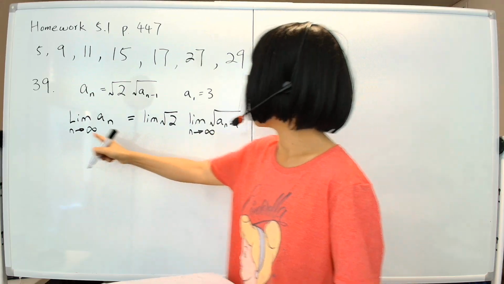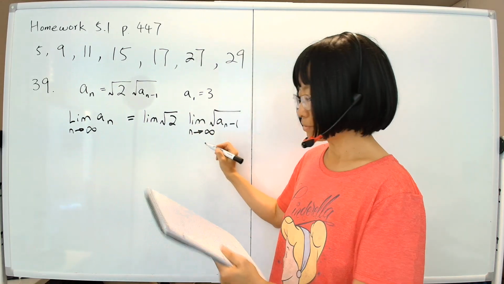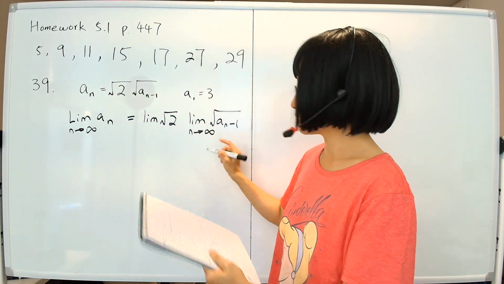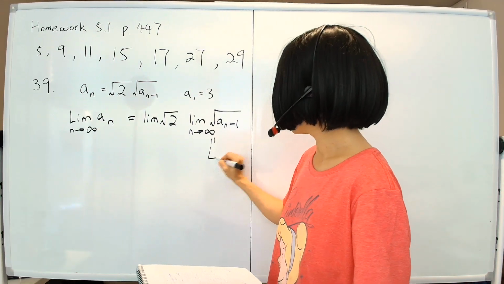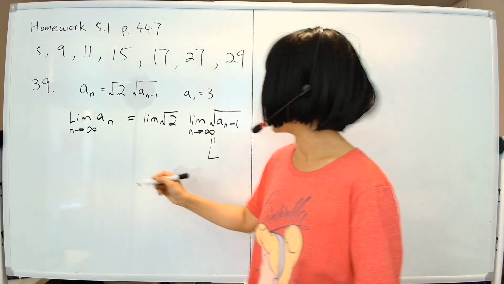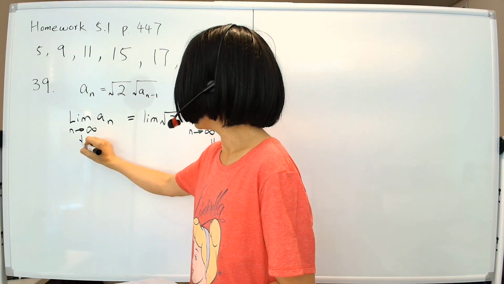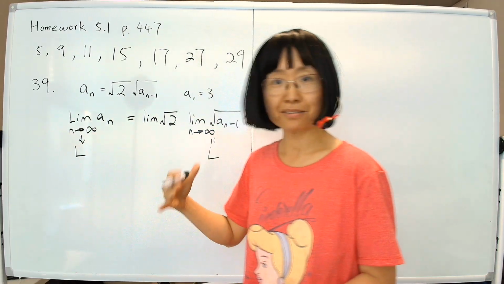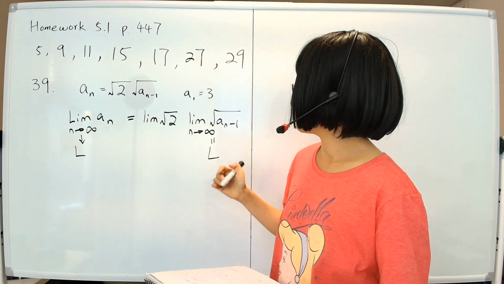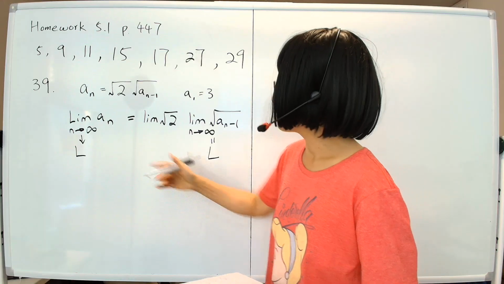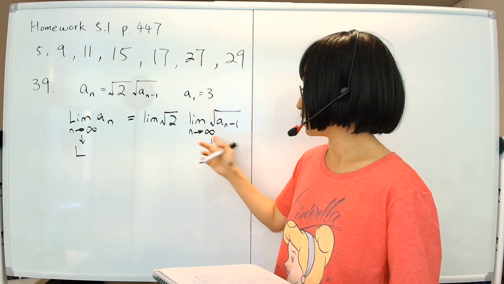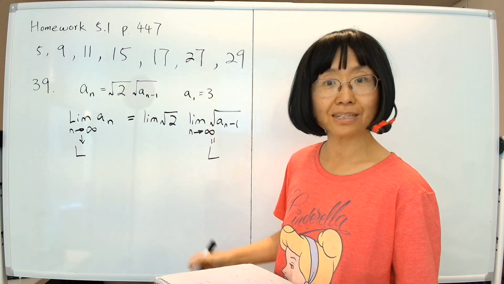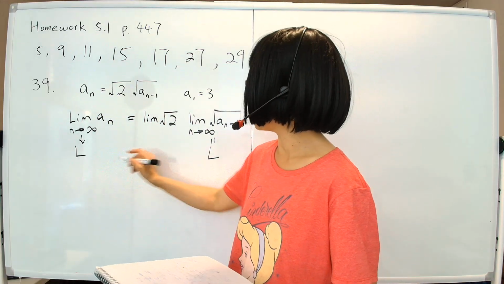Being that n is going to infinity, the limit of a_(n-1) is the same as the limit of a_n, so let's call it L. That's the trick taught in the last example in the book. The point is, being that they are the same sequence, as n goes to infinity, both go to the same limit. So they both equal L.